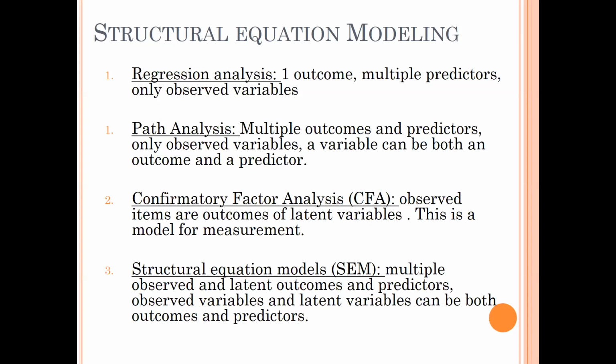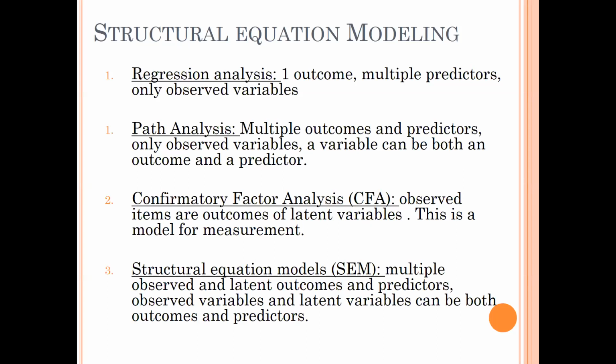Now, confirmatory factor analysis is about measuring latent variables. A latent variable, for example, is intelligence. You cannot see intelligence directly, only manifestations of intelligence. So you need an intelligence scale to measure intelligence, but every scale measures a latent variable with error.